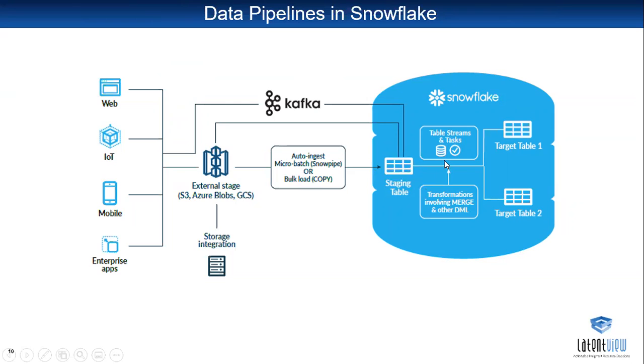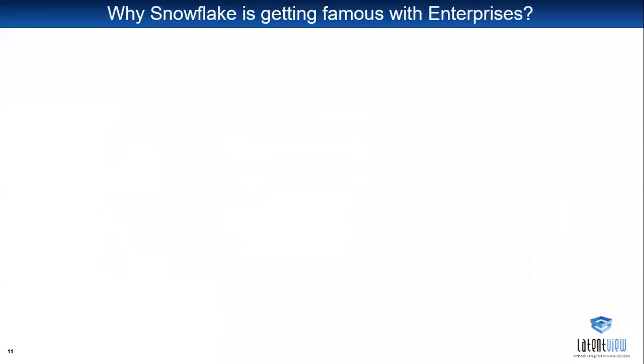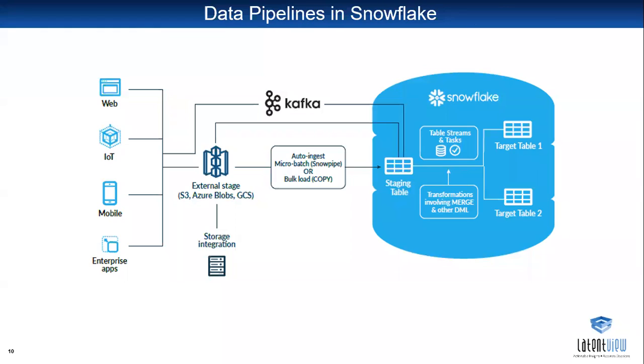And there is a cool feature called table streams and tasks, which can be used for scheduling the transformations on a regular basis. It's a kind of data pipeline, as I said, which can move data into the target tables periodically. So this is about the data pipeline in Snowflake.